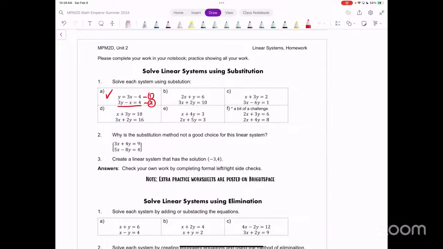So you got the answer, but you didn't check the left-hand side and right-hand side. You need to say left-hand side is equal to y, and then right-hand side, 3 times x minus 4. Equation 1 checking. Makes sense? And then you need to show equation 2 checking. Makes sense? Okay, can you proceed to B? All right, so let's see how Nishal is doing that.